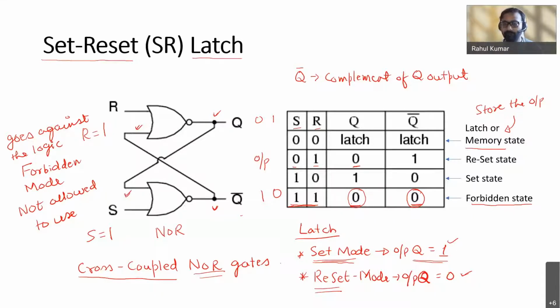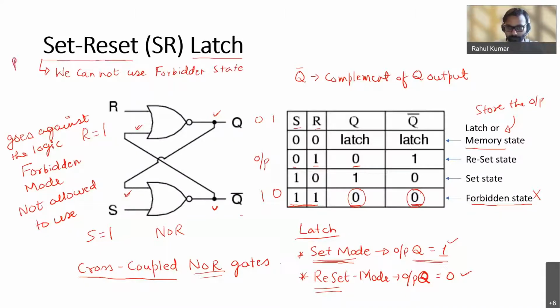Okay. So that is why we cannot use forbidden state. Okay. So there are two problems in this SR latch. One is we cannot use forbidden state.